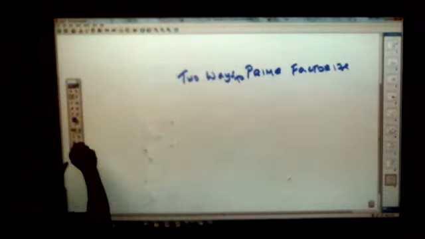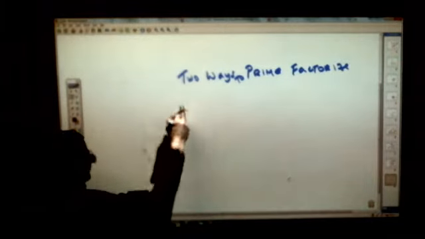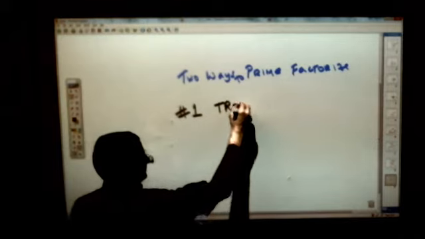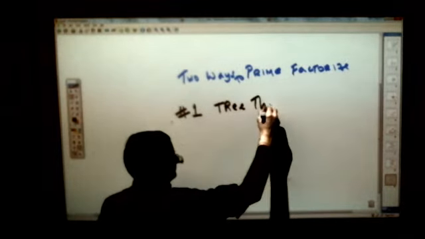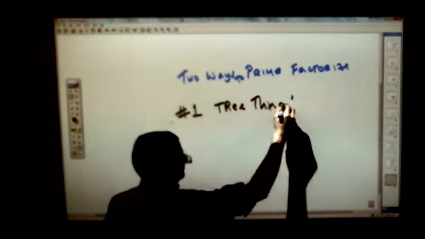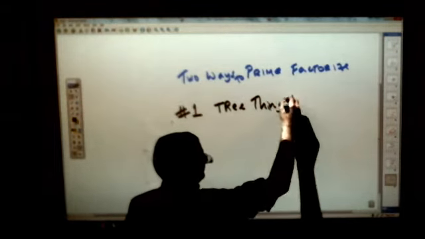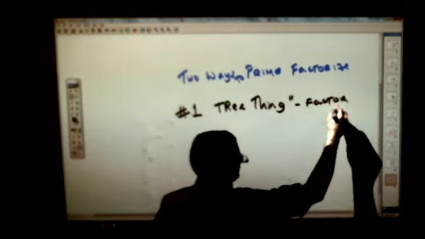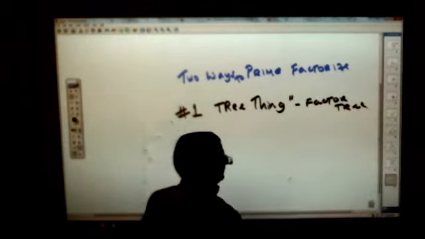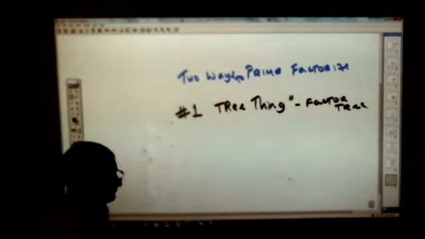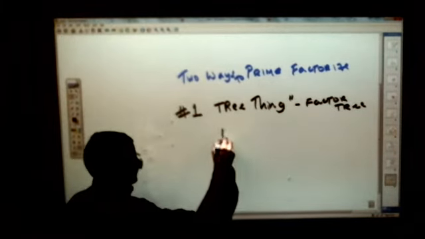Way number one is what we call the tree thing, which is really called a factor tree. But tree thing sounds more sixth grade, I guess. Why do you suppose it's called a factor tree? Because when you do it, it looks like a tree. Now let's look at 12. Let's do 12 again as a factor tree.